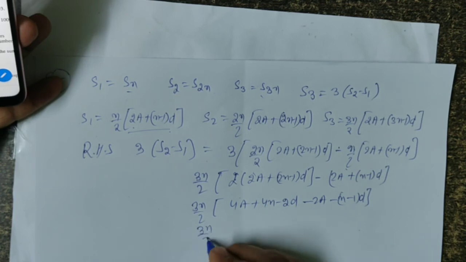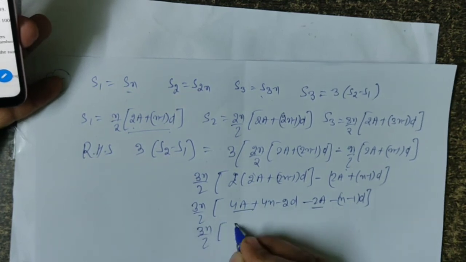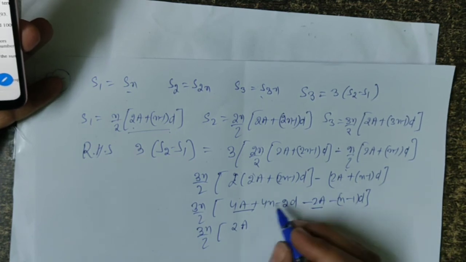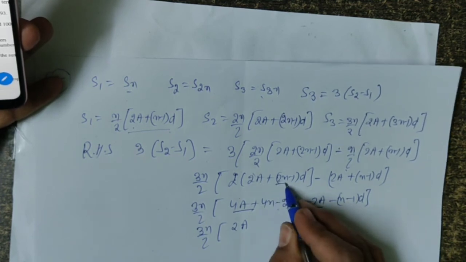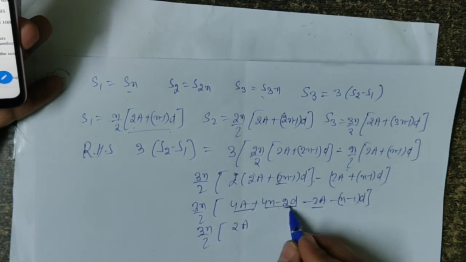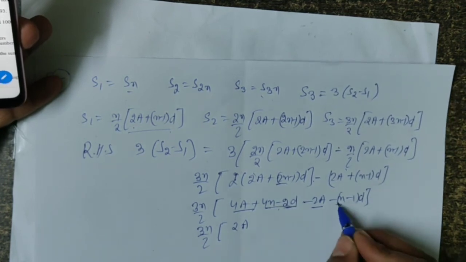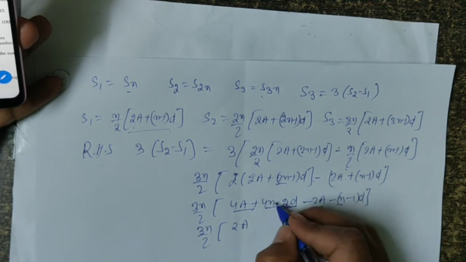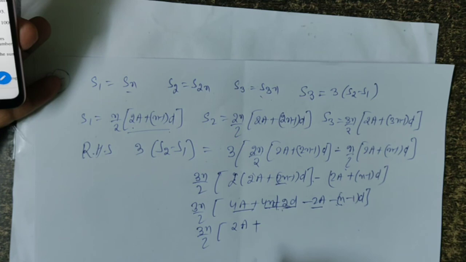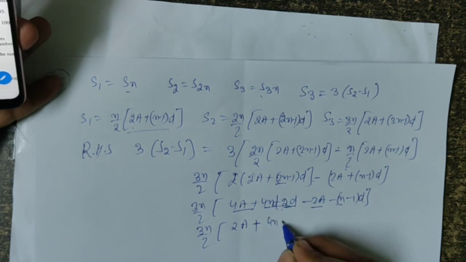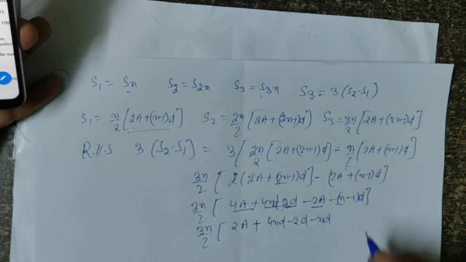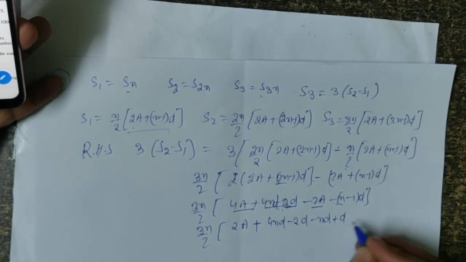Now 3n by 2, it's 2a and d. See, 4nd here plus 4nd minus 2d minus nd plus d.